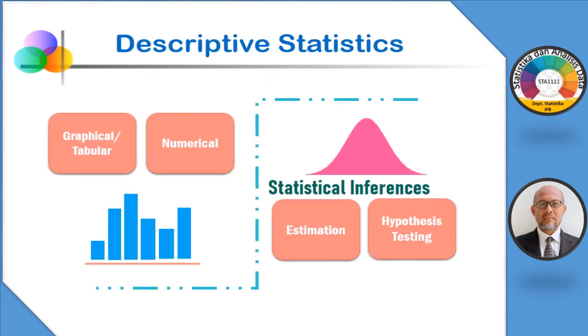This slide shows the description of statistics. For example, you have a graphical approach, tables, or just numerical calculation, simple calculations, while in statistical inference, you estimate the parameters, you test hypotheses, and so on. Very different between descriptive statistics and statistical inference.